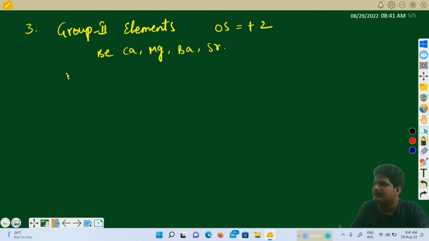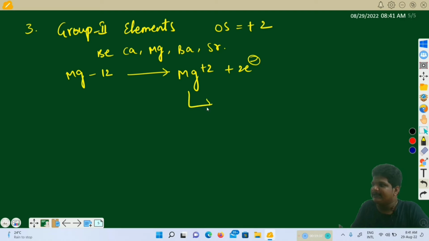If you consider magnesium, it has atomic number 12. After removal of 2 electrons, it gives Mg +2. In this Mg +2 we have 10 electrons, 1s2, 2s2, 2p6, which is similar to neon.